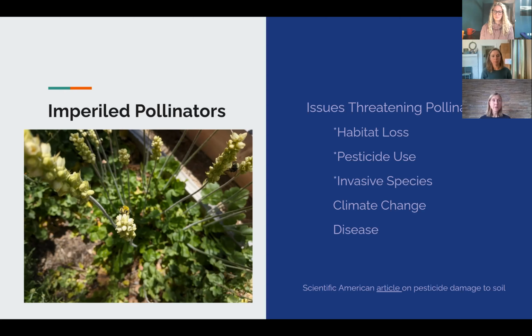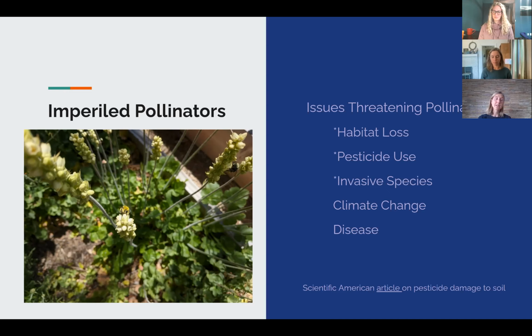Obviously, pesticide use is targeted insect removal. So any pesticide and even herbicides we're discovering now are challenging the pollinator's ability to survive in our environment. And invasive species of plants and animals actually are having an effect on pollinators.